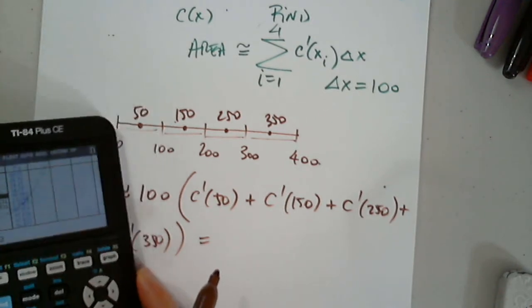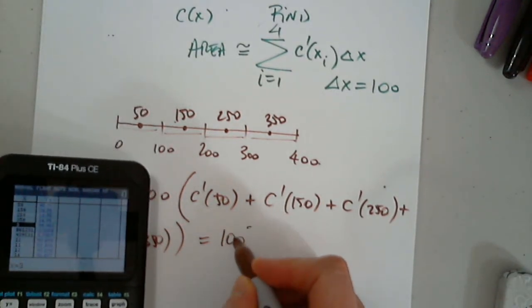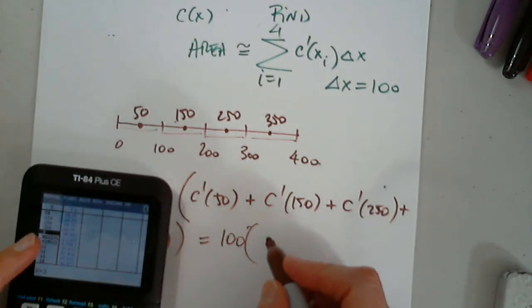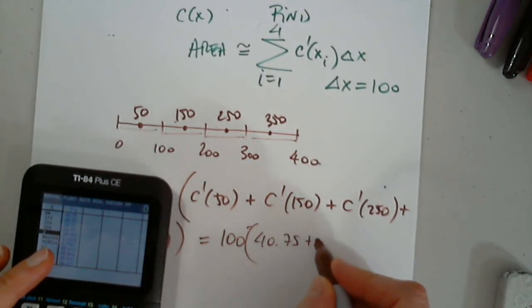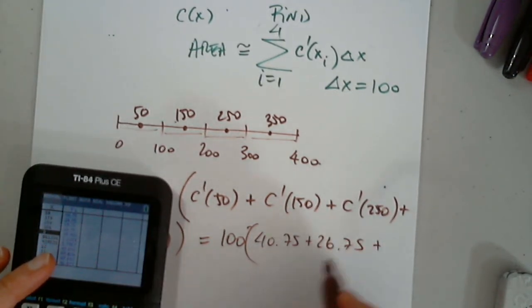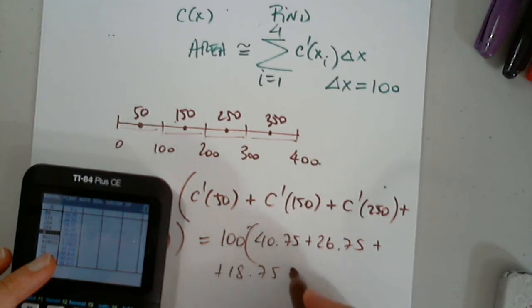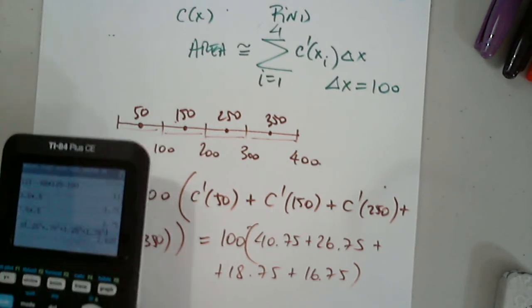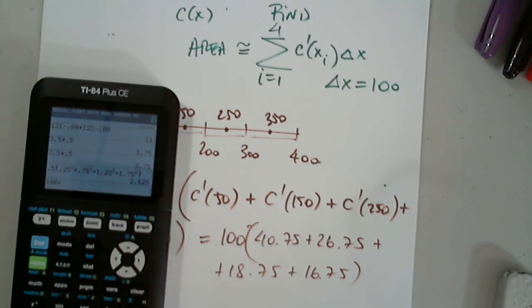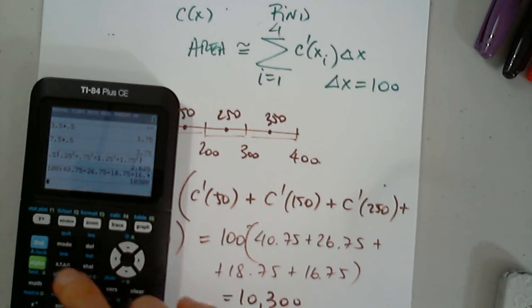Okay, here's what I got. 100, so I don't forget it, in parentheses, 40.75 plus 26.75 plus 18.75 plus 16.75, and I got 10,300.